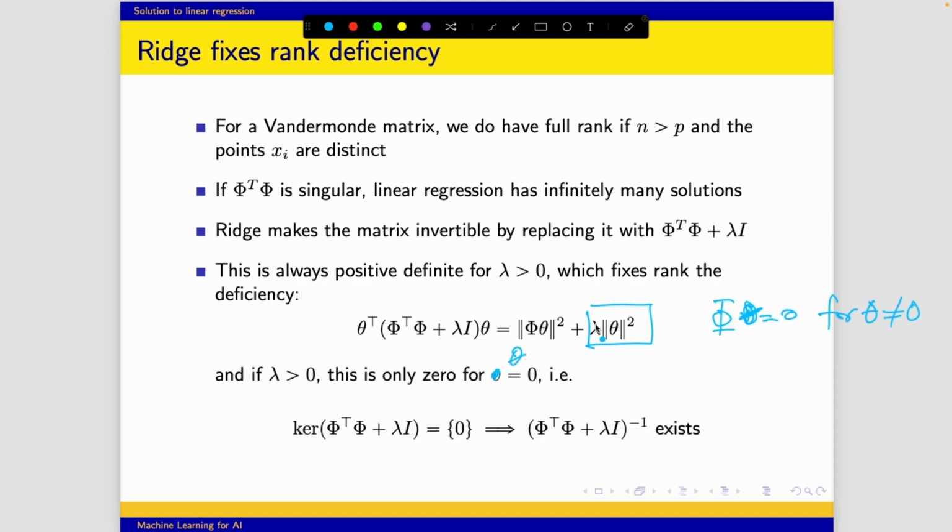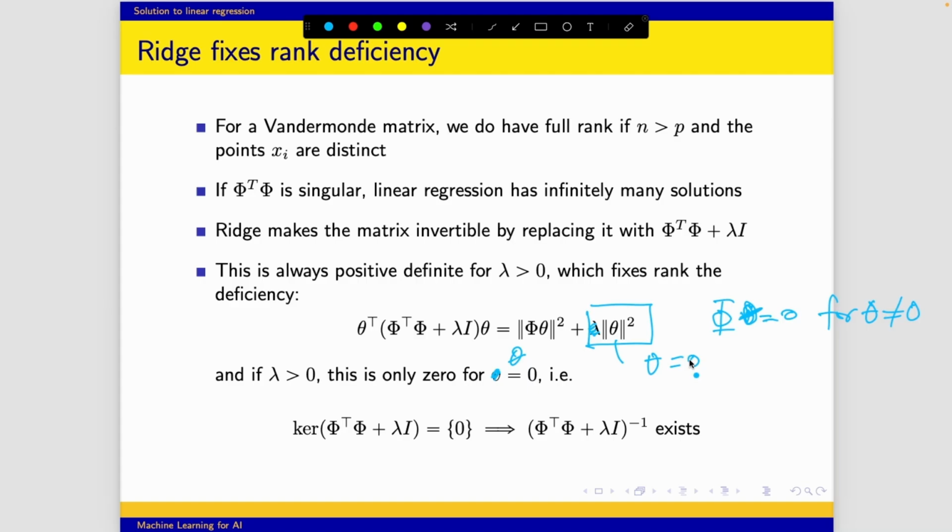And if lambda is greater than 0, as long as theta is not 0, this will be greater than 0. Right? The norm by definition has to be greater than 0. So it will be 0 only if theta equals 0.